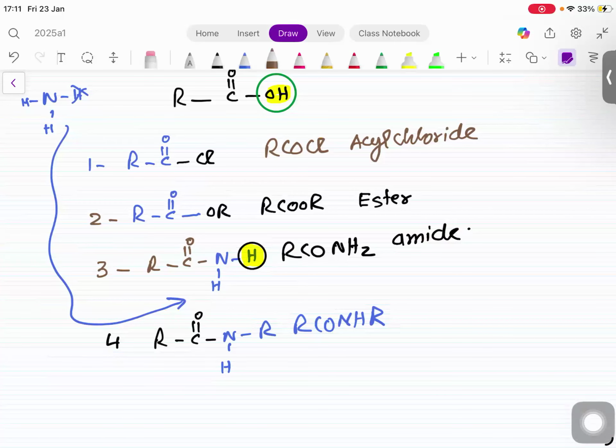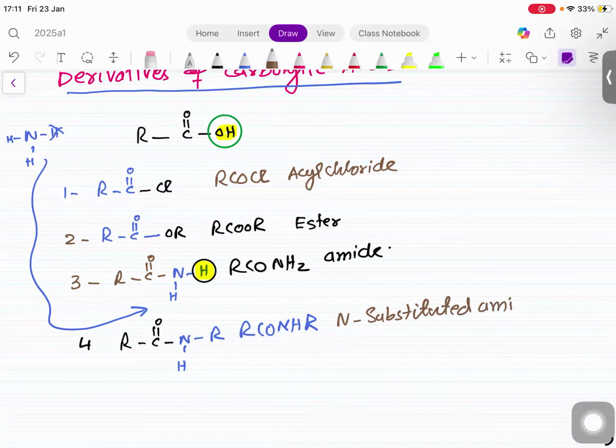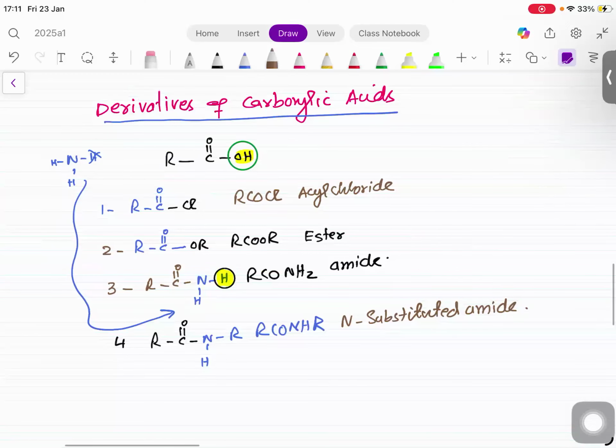This is known as an N-substituted amide. Substituted means nitrogen substituted amide, right? So these are the 4 derivatives of carboxylic acid.